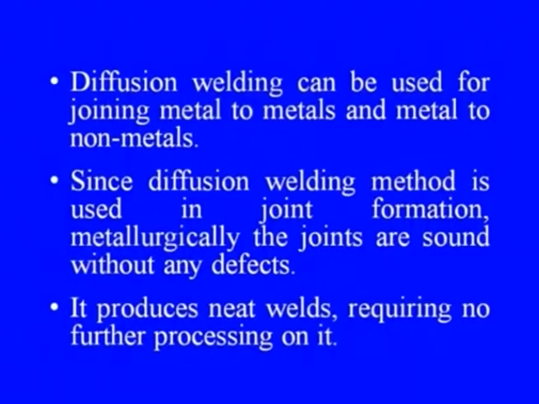Diffusion welding can be used for joining metals to metals and metals to non-metals as well. Since diffusion is used in joint formation, metallurgically the joints are sound without any defects. It produces neat welds requiring no further processing, unlike many other processes.